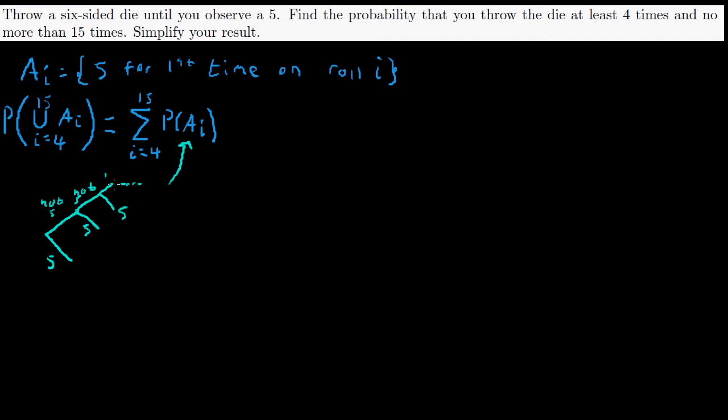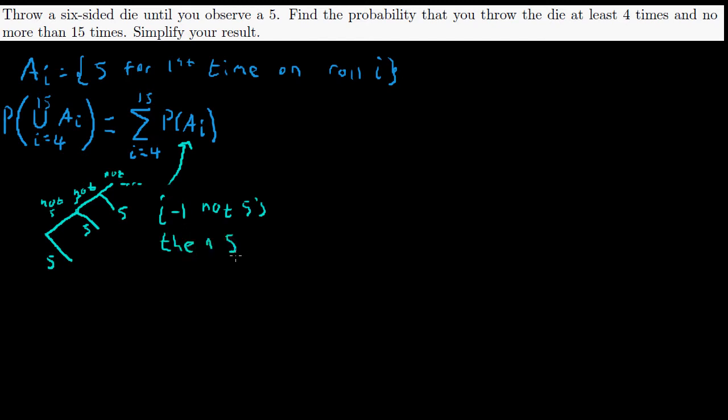So for the first 5 to occur on the ith roll, we have to get i minus 1 not-5s, and then a 5.